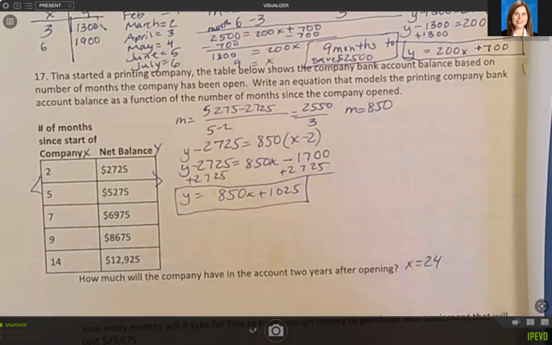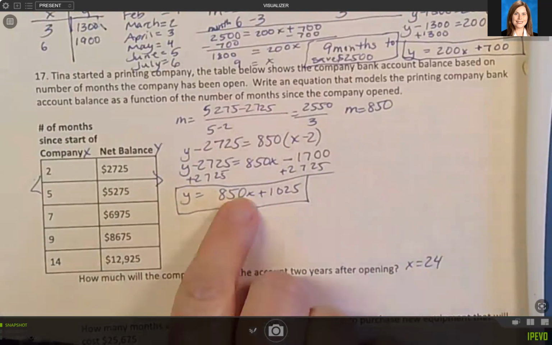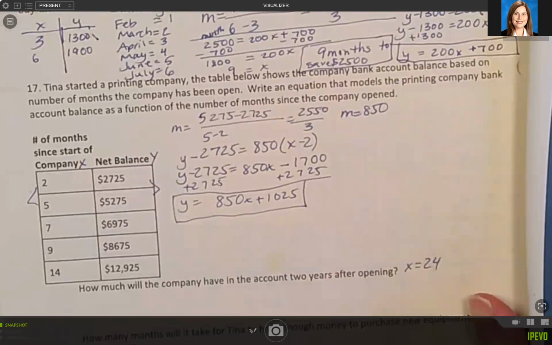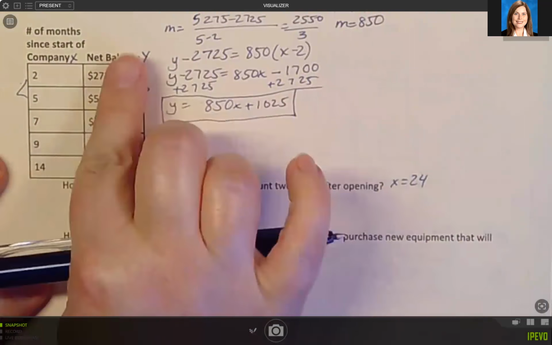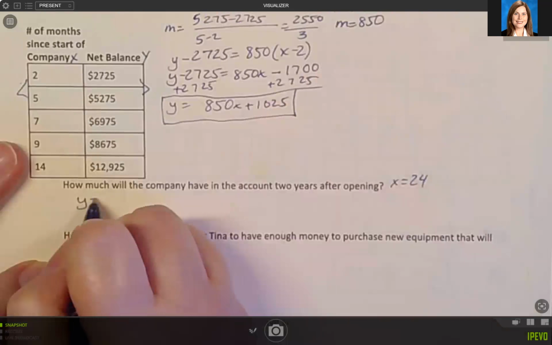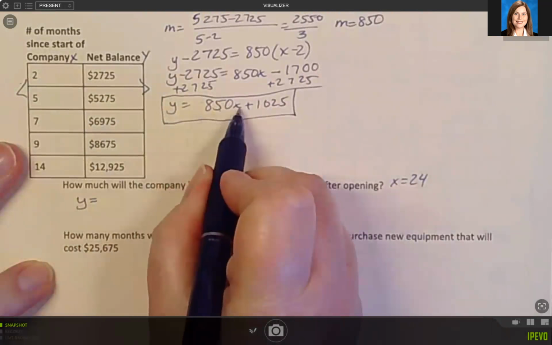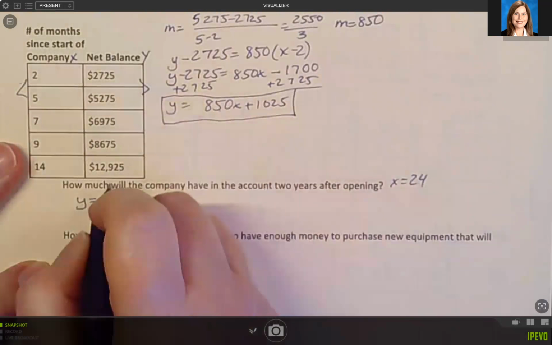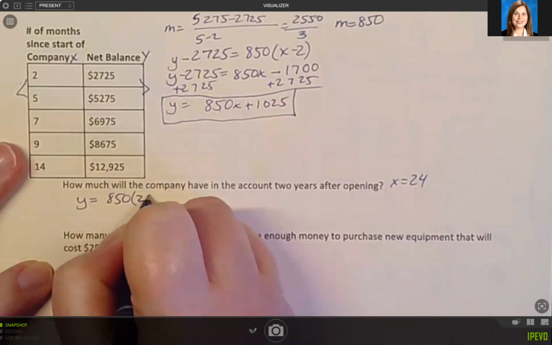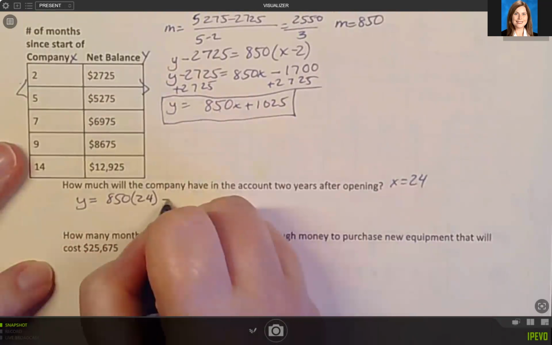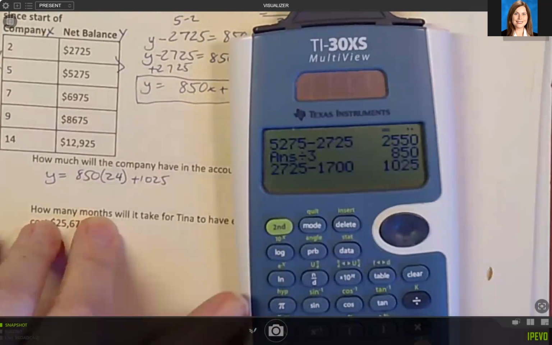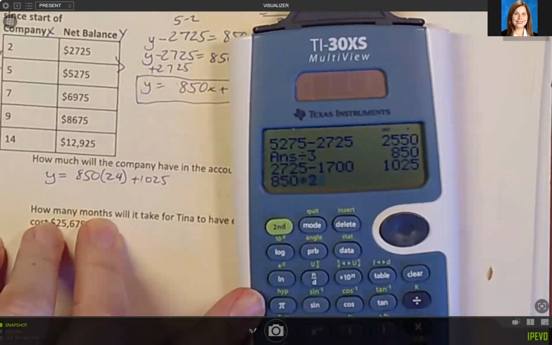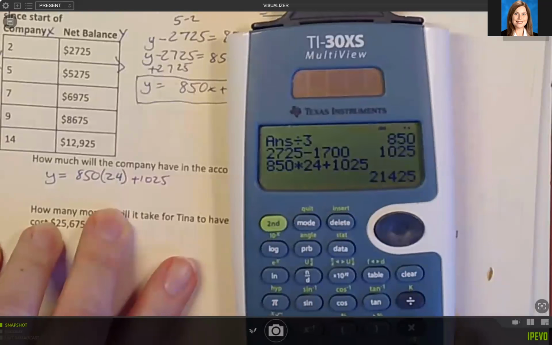So let x equal 24, substitute that in and solve. y equals 850 times 24 plus your starting balance, which is 1,025. That is $21,425.